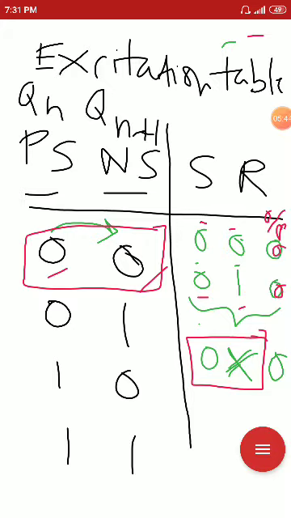So there are two cases where the output becomes 0: the 0 0 condition and the 0 1 condition of SR. In both cases the output is 0. So S is always 0, and R can be either 0 or 1, so we write it as don't care.